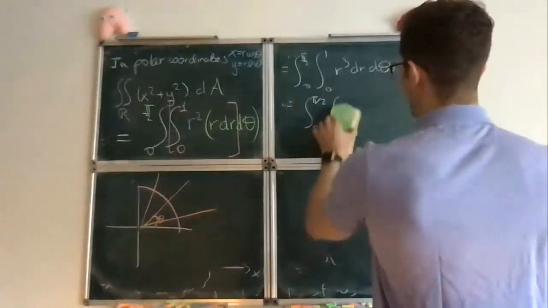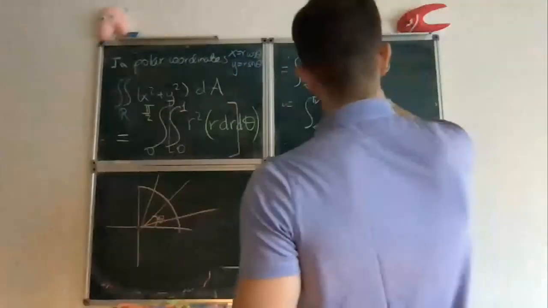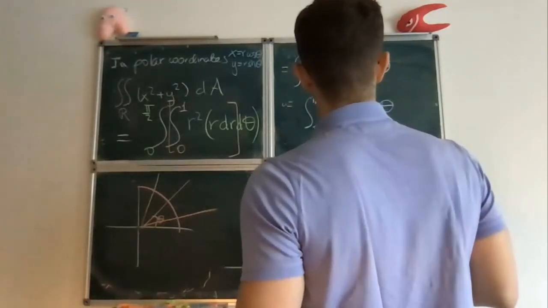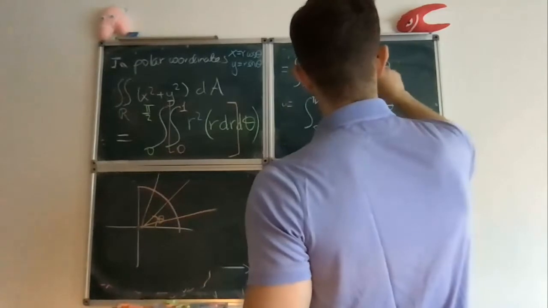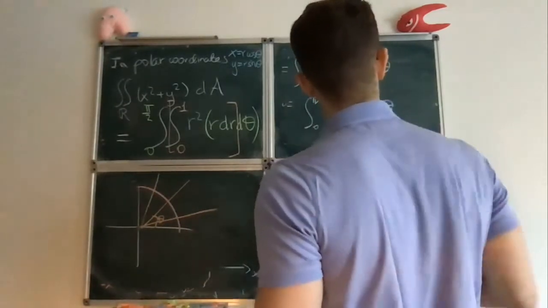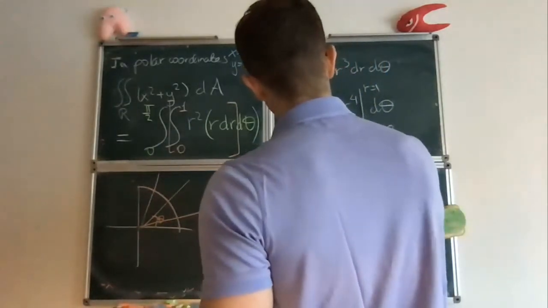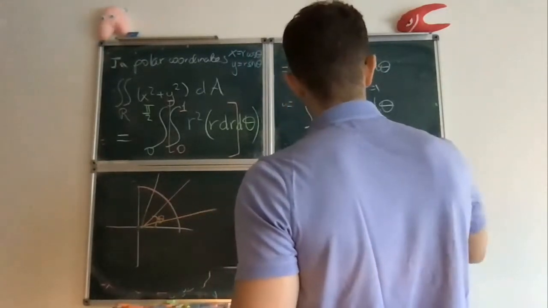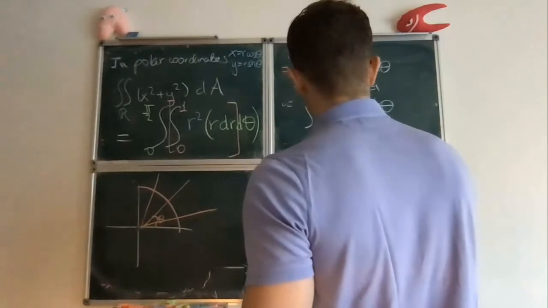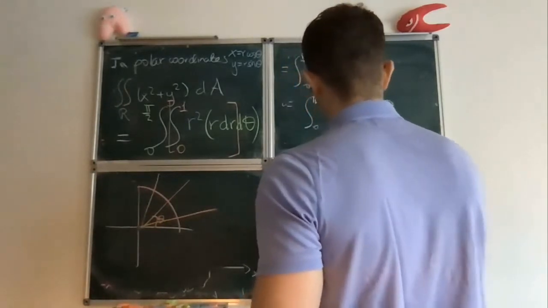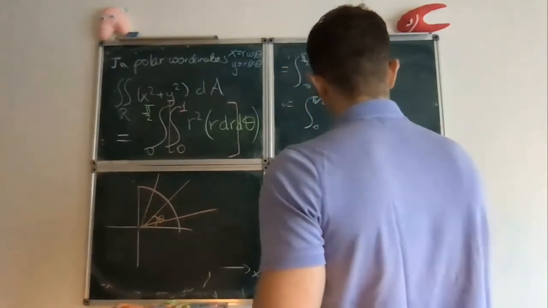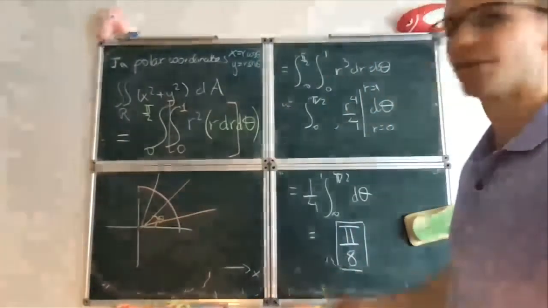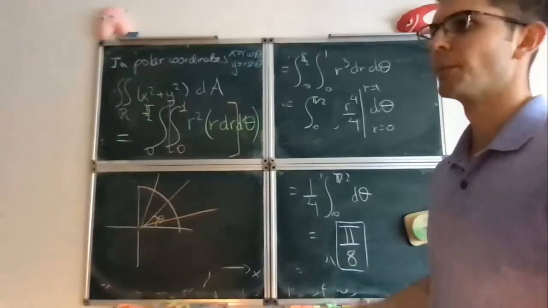So this is just r to the 4 over 4 d theta, evaluated where r equals 1 and r equals 0, and this gives you a quarter times the integral from 0 to pi over 2 of d theta, and that's equal to pi over 8. So in this case, the double integral just yields pi over 8.